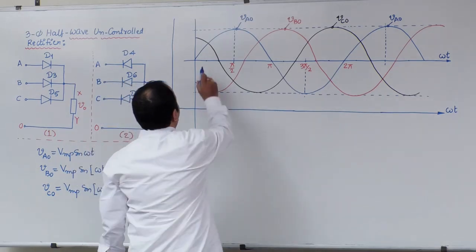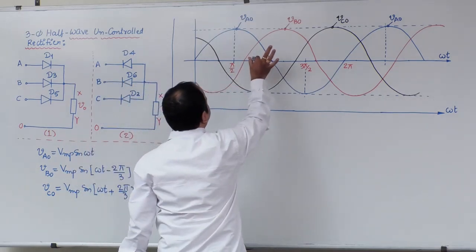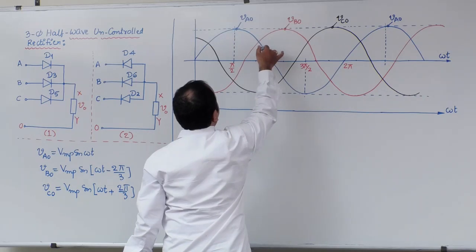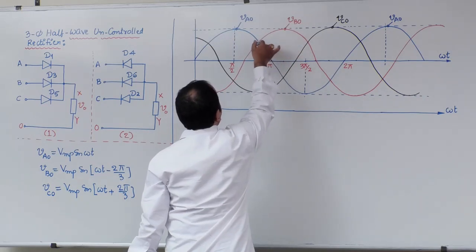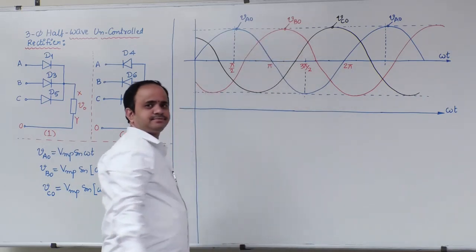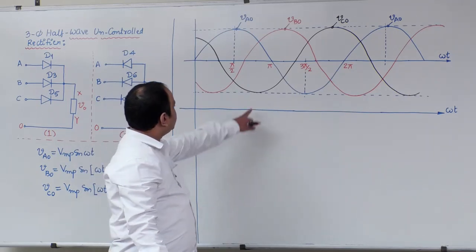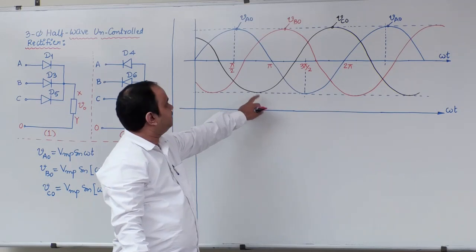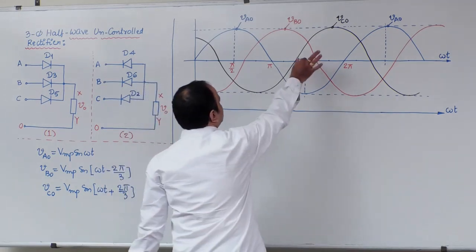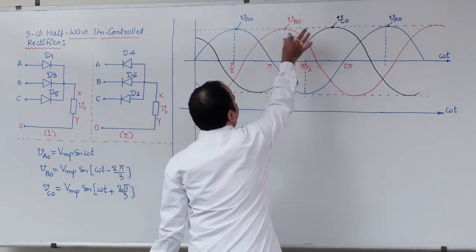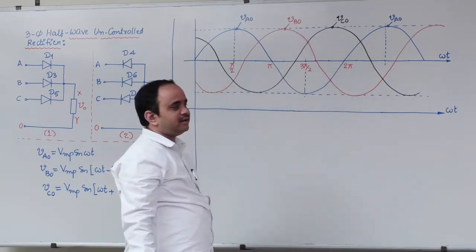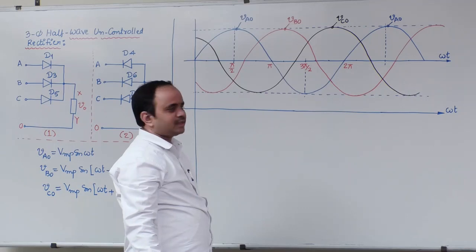Next. Now see at this instant, this is a 150 degree instant. At 150 degree, VAO blue one and VBO red one are crossing each other. At that instant, black one, VCO has negative peak. Next, at 270 degree, VBO and VCO, black and red, are crossing each other.